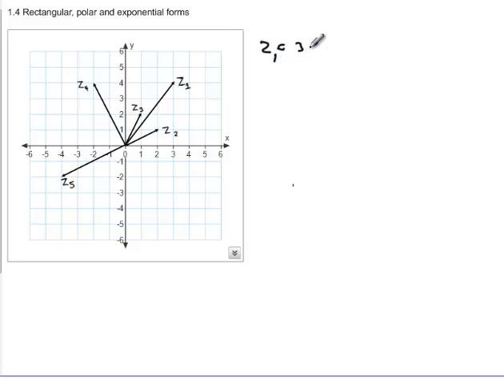3 plus 4j. Let's calculate the modulus of that number.